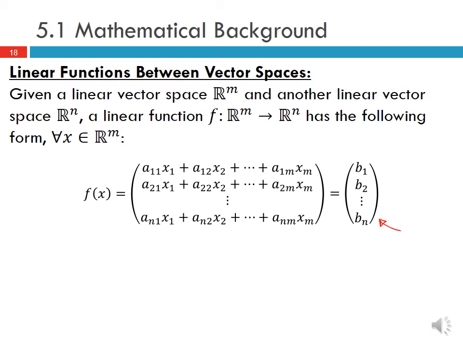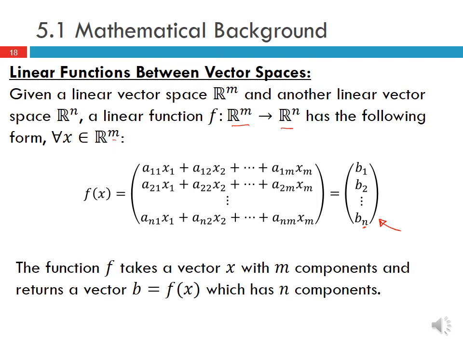If I put in any x that has dimension m, I get out some vector b that has dimension n, because I'm going from Rm to Rn. So the function takes a vector x with m components and returns a vector b, which is equal to f of x, which has n components.